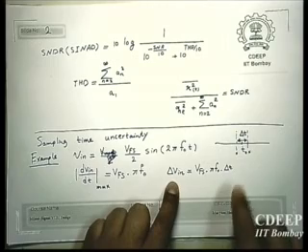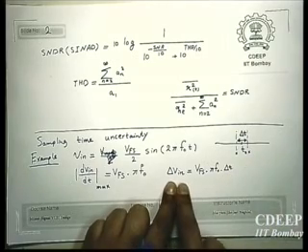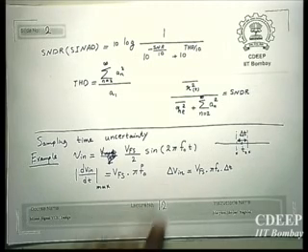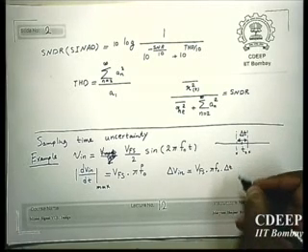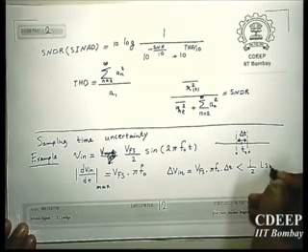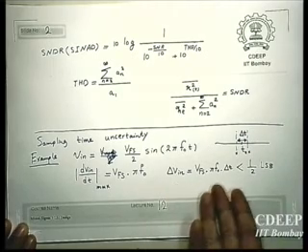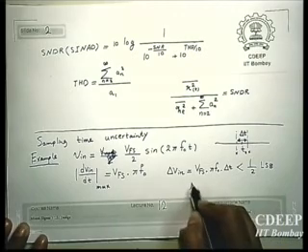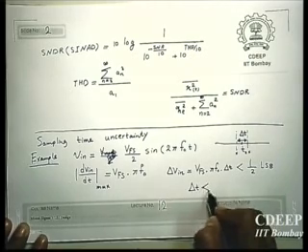If I sample here or here, there will be this much error, and this error should not be more than half of an LSB, otherwise you will lose codes. So this delta Vin should be less than half LSB. The amount of error generated because of this delta t should be less than half LSB. This puts a constraint on this uncertainty.